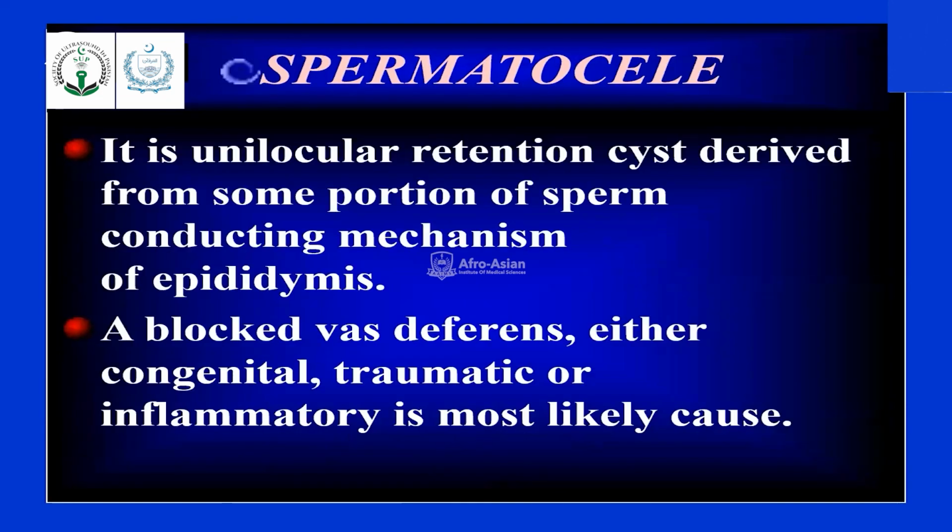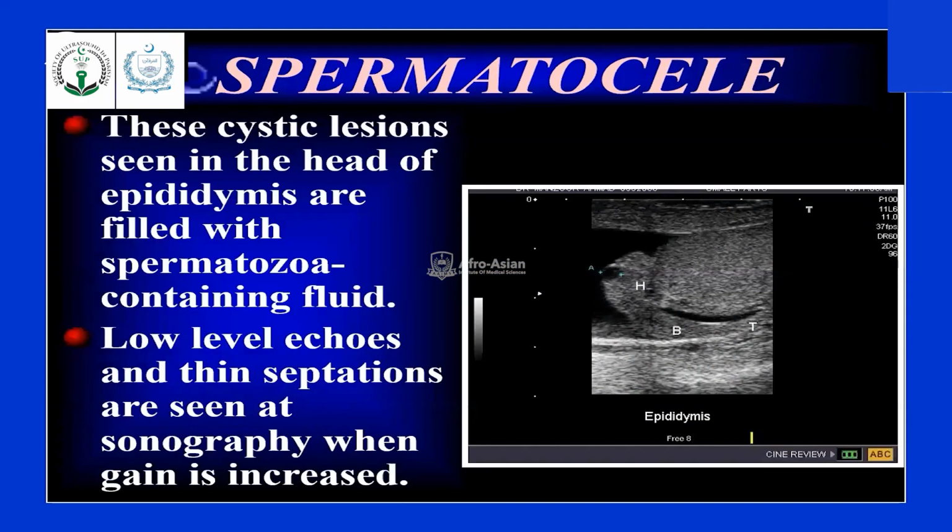Spermatocele is a unilocular retention cyst derived from some portion of the sperm-conducting mechanism of the epididymis, or spermatic cord. Its part or portion is showing a cyst. A blocked vas deferens, either congenital, traumatic, or inflammatory, is the most likely cause.